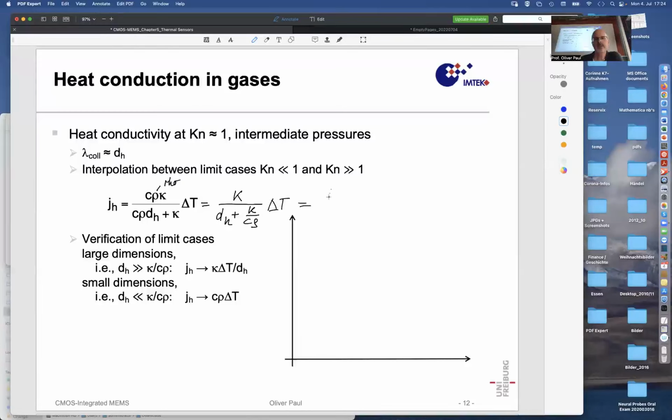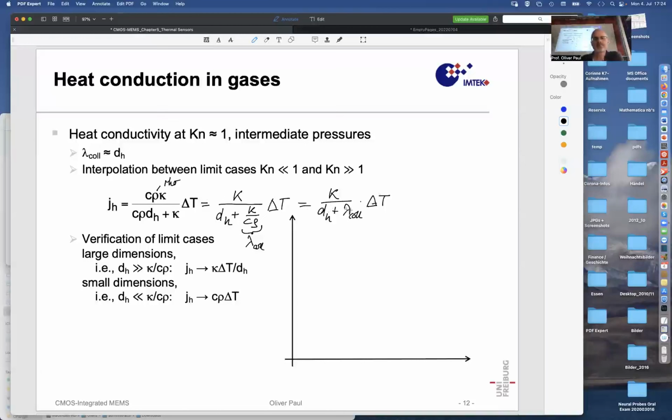And I can write this actually as kappa over dH plus lambda collision times delta T. This object here has the units and the size of the typical lambda collision. So this is now quite easy to see what happens.